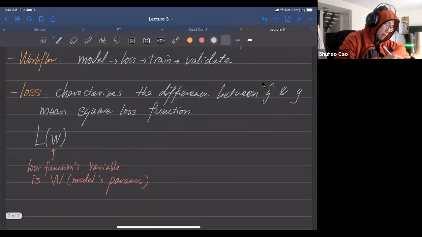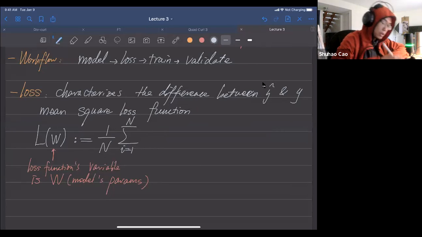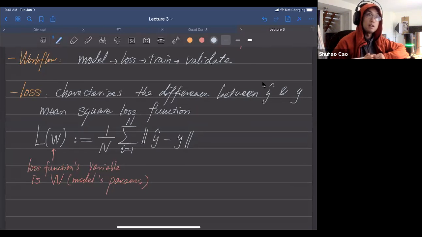So it's defined by the mean of, we just sum up the samples and we use the square difference between y hat and y.